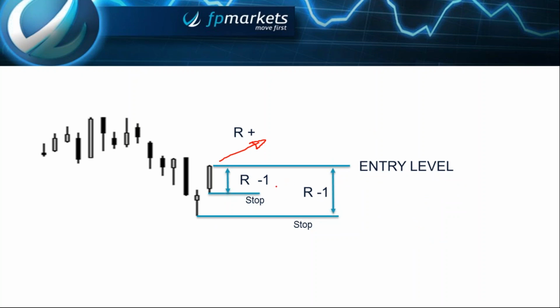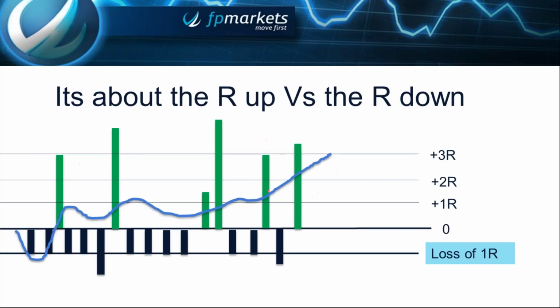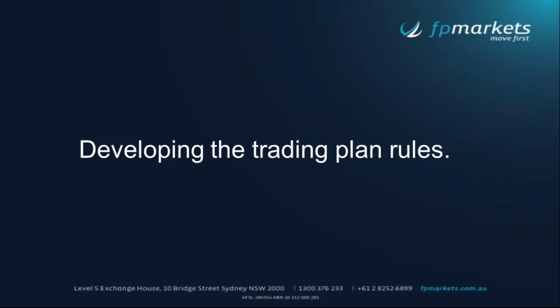So for example, if this value here is 20 cents, and this goes on and makes 20 cents and makes 20 cents and makes 20 cents, this becomes a 3R trade, 3 times what we risk. This is a numbers game, and it simply comes down to this.